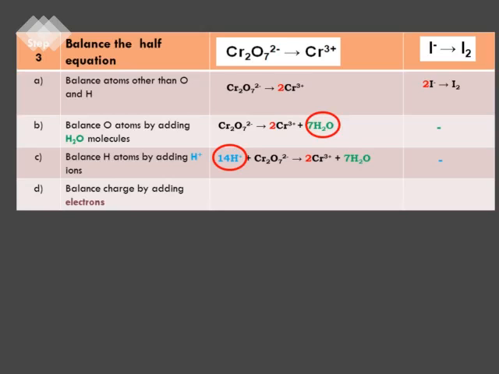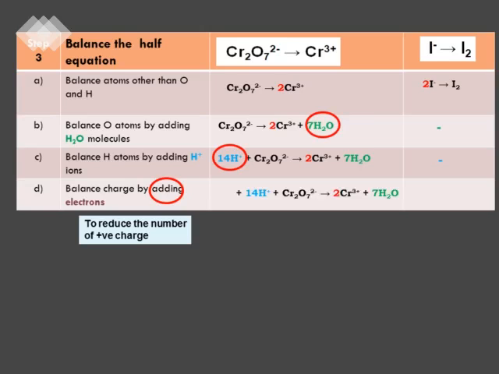Now, we need to balance the charge to ensure that the charge on both sides of the half equations are equal. By doing this, we can reduce the number of positive charge. In this case, we must first determine the total charge that is present on both sides.